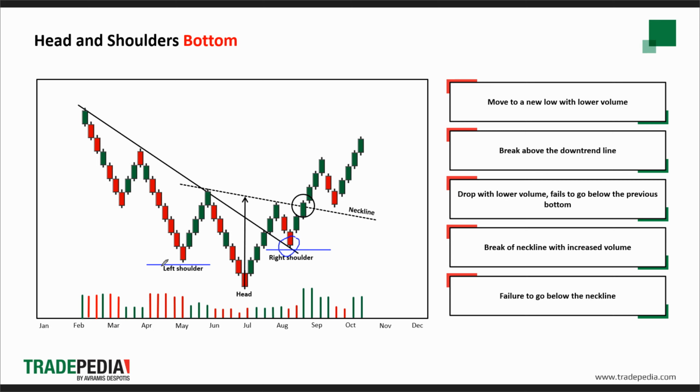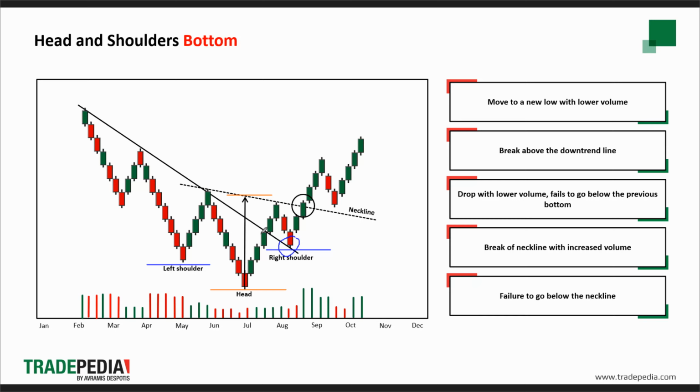Now, how do we do the take profit target of a head and shoulders pattern? You need to take the distance from the head, the highest point, all the way to the neckline. You just draw one straight line down to the neckline. It doesn't matter whether the neckline is sloping downwards, sloping upwards, or horizontal.